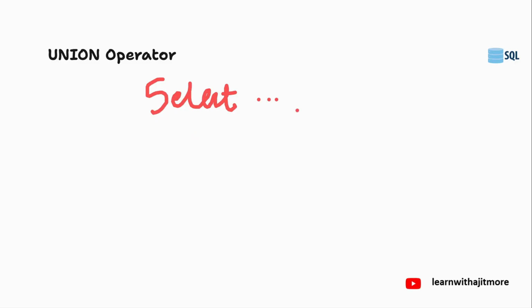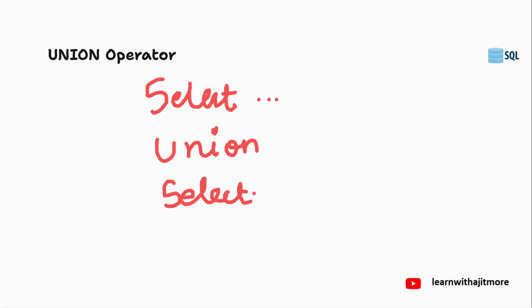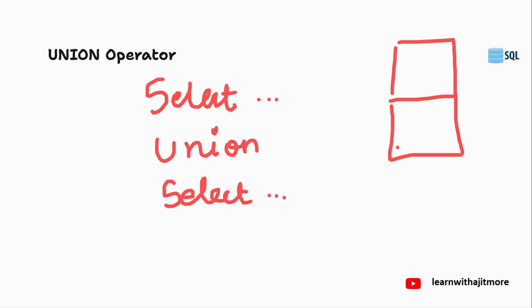So you have one select query, then you use this union operator, and then a second select query. It will combine the records of the first select query with the records of the second select query, one below another. Whatever records are produced by the first select query, below that only the output of the second select query will come. Get it? So that is union.